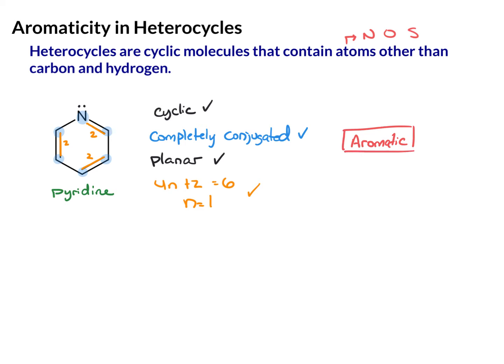I want to take this opportunity to look just a little more closely at the orbitals around the nitrogen and its hybridization. So when we have pyridine, I'll draw it on its side here.